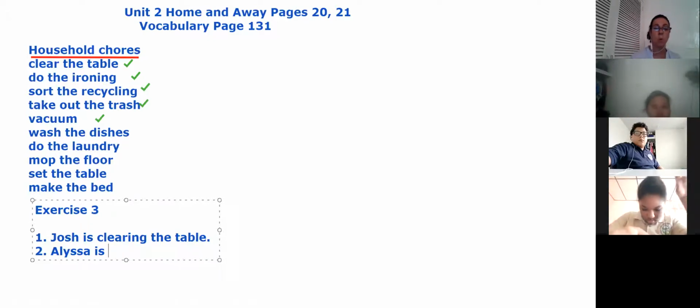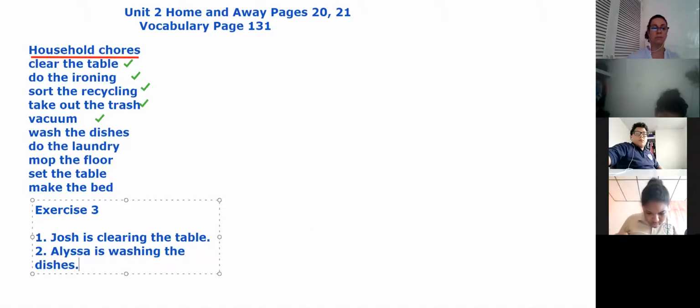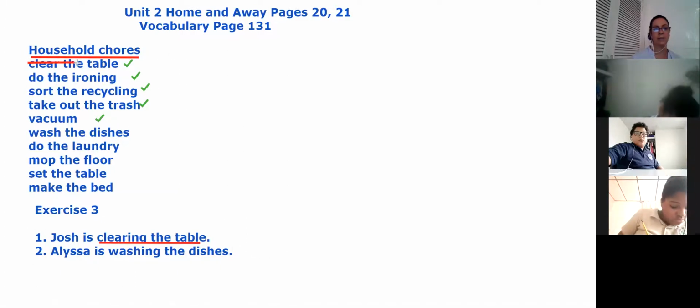Alisa is washing the dishes. Remember, you have to put ing. We have used this one, we have already cleared the table.